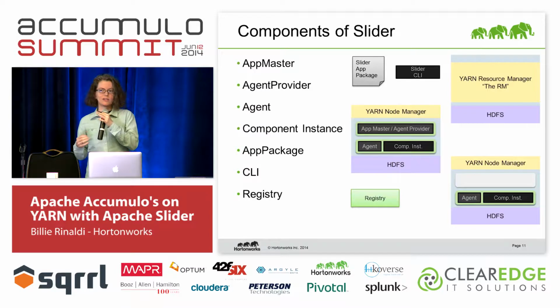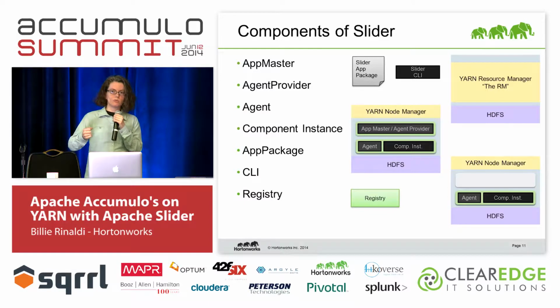The Slider startup process is very similar to the generic Yarn application startup process. The CLI talks to the resource manager, which creates an app master. The app master requests containers. Containers start up agents.